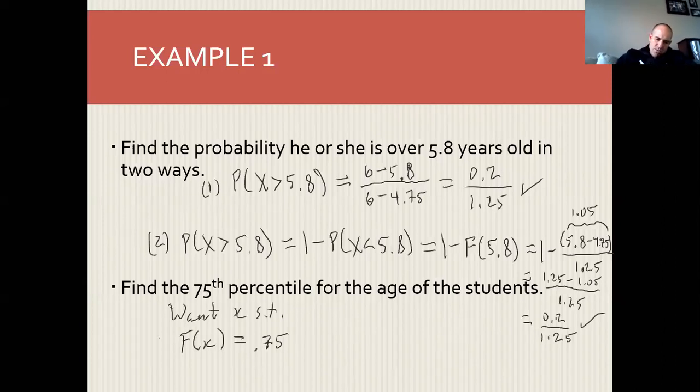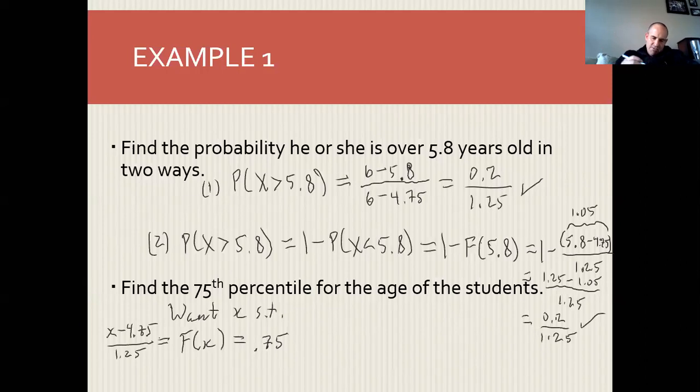For it to be equal to 0.75, it would have to come from the middle definition again. Remember, to the left of A, it's 0. To the right of B, it's 1. To be equal to 0.75, it would have the form X minus A, where A is 4.75, over B minus A, which is 1.25.